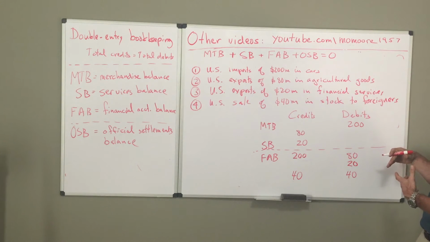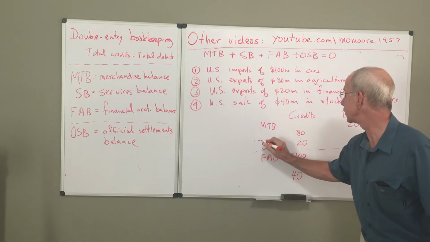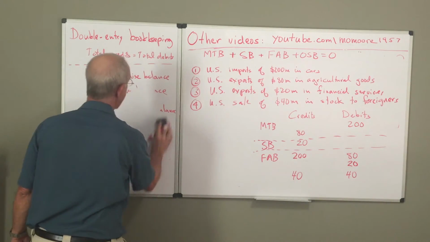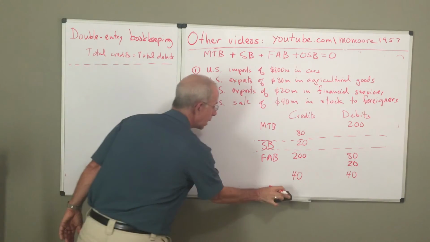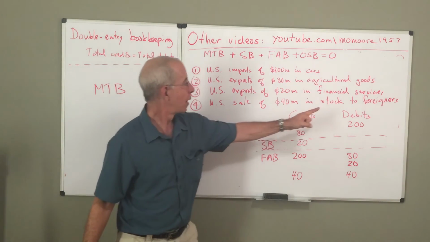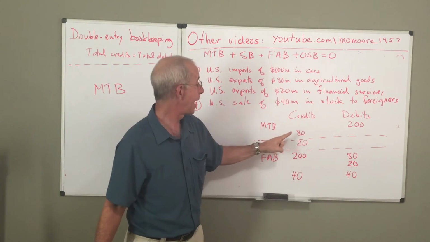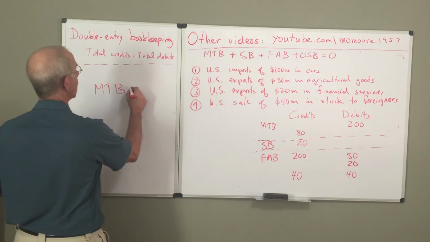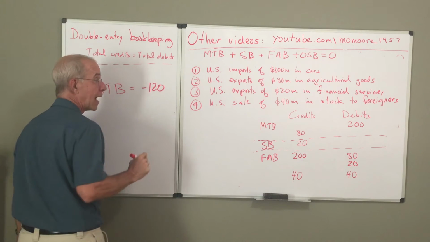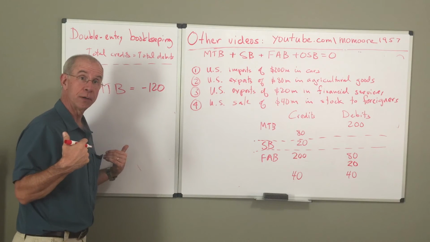But now we can use the concepts that we've talked about before to start looking at these subcategories. First, let's take a look at the merchandise trade balance. There's $200 million worth of imports and $80 million worth of exports. You have a trade deficit, loosely speaking, of minus 120. You're importing more goods than you're exporting.